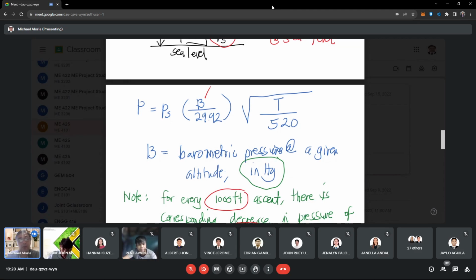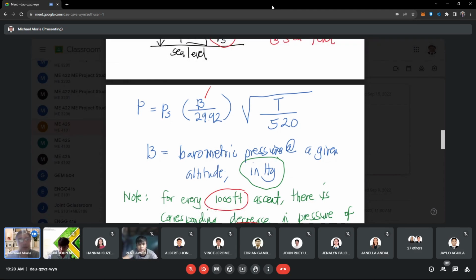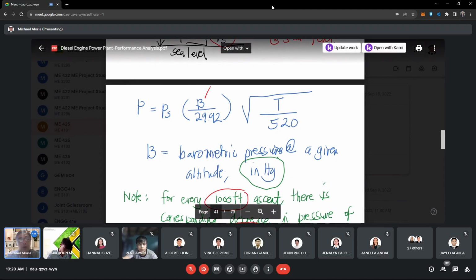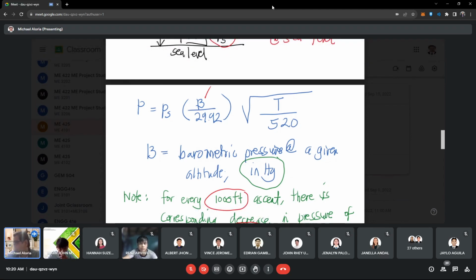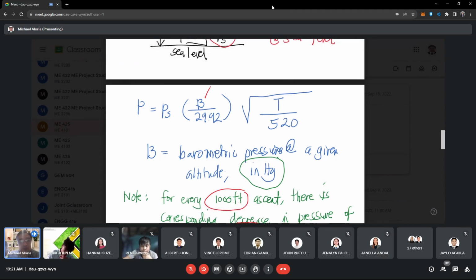Nagbabago yung barometric pressure at yung temperature at a given altitude, so ito yung multiplier natin.